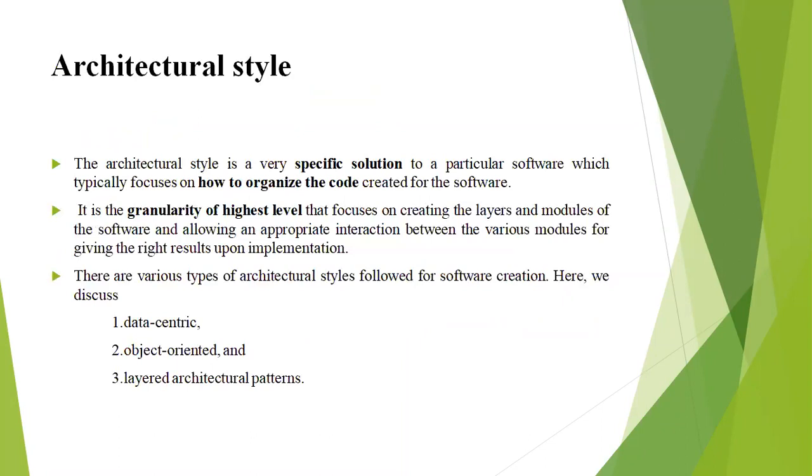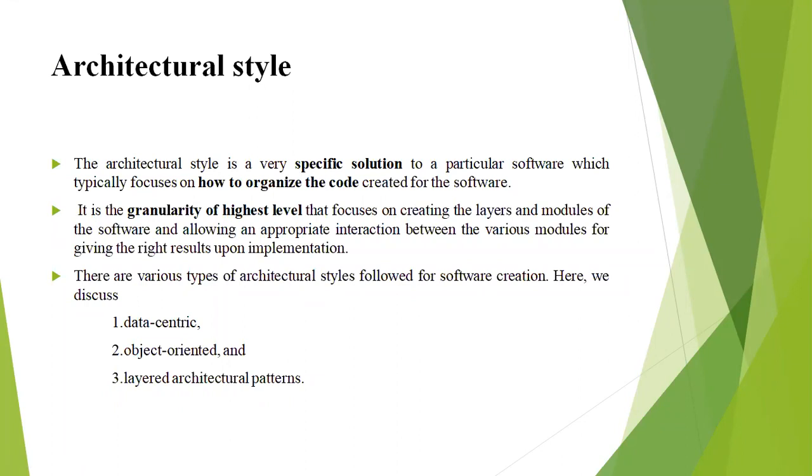And in the topic, what is the architectural style? An architectural style is a very specific solution to a particular software which typically focuses on how to organize the code created for the software. After the designing phase we do the implementation phase.